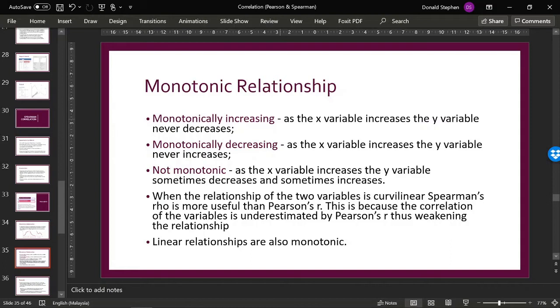Monotonically increasing means that when x increases, y also increases, and y will never decrease. Monotonically decreasing means that as x increases, y will never increase.